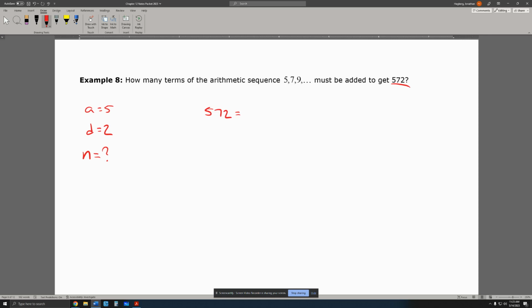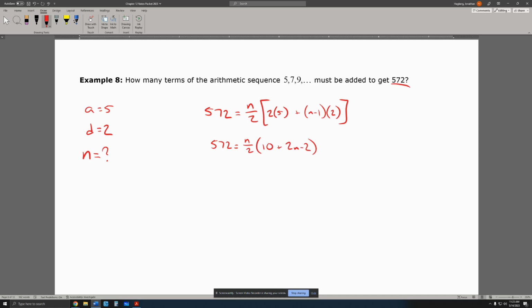Using that first definition, we have n over 2 times the quantity 2 times a, or 5, plus the quantity n minus 1, again, we don't know n, times our common difference, d, which is 2. Okay, so we get 572 is equal to n over 2 times 10 plus 2n minus 2.